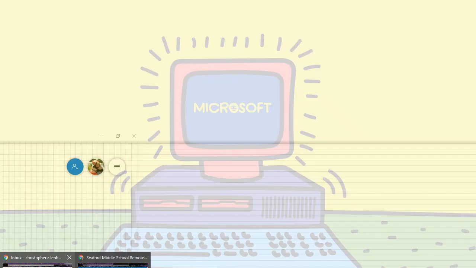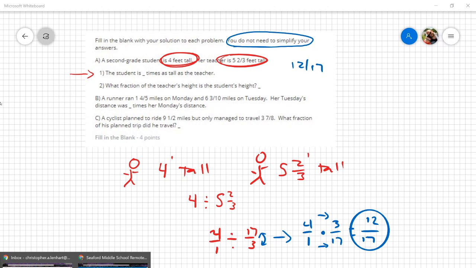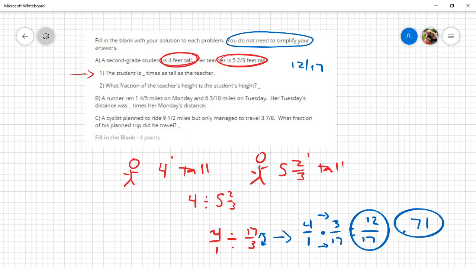But I am just going to very quickly do it on this screen. I am just going to very quickly divide that. And when I take 12/17 and turn it back into a decimal, I should get 0.71. Personally, I like that a little bit better. 0.71 times as tall as the teacher.